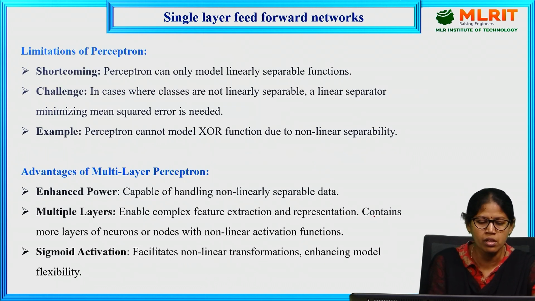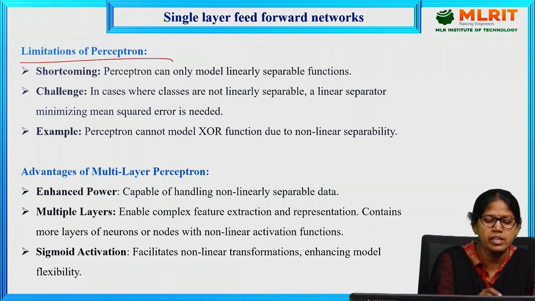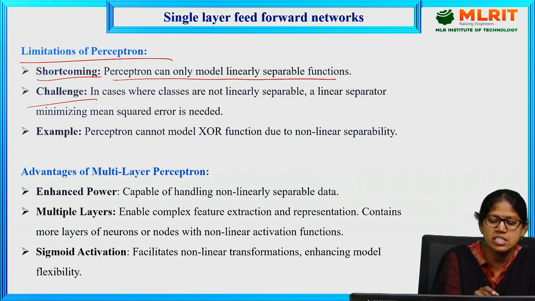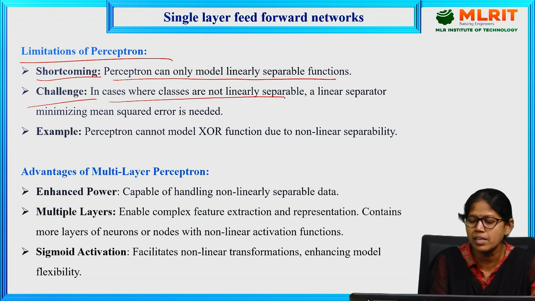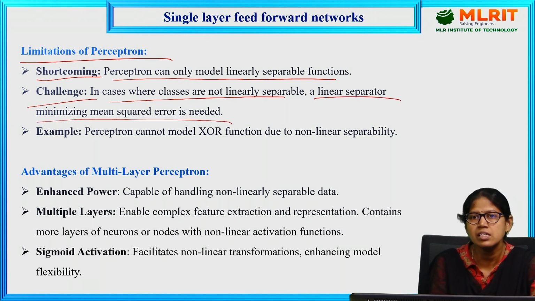Okay. Let's see the limitations of perceptron. So here the shortcoming: perceptron can only model linearly separable functions. It can solve the problems that are linearly separable. Okay, what is the challenge in cases where classes are not linearly separable? A linear separator minimizing mean squared error is needed.